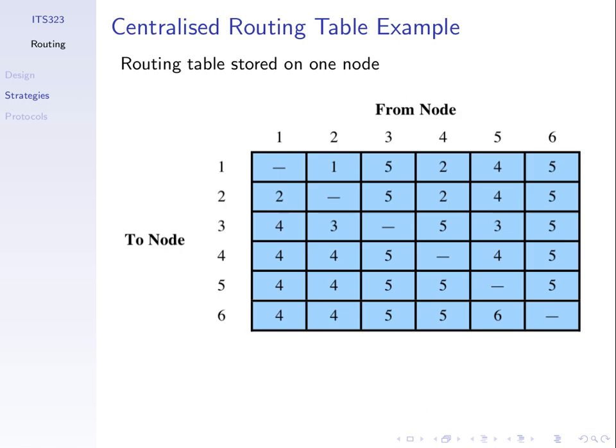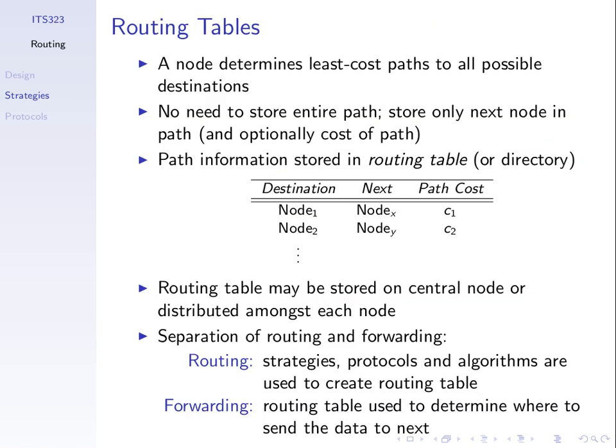Once we have the tables, to send packets, all we do is we look at the destination address of that packet and then look up in the routing table to see who is the next node I send it to. That we'll call forwarding. Forwarding the data packets through the network. So we distinguish or separate between the two phases. Discovering the routes, creating the routing tables, and then using the routing tables to send data packets through the network, being forwarding. And in the internet, separate protocols are used for each of these phases.